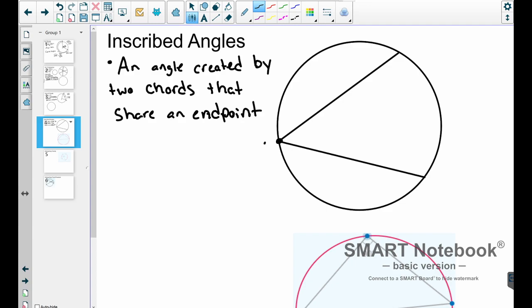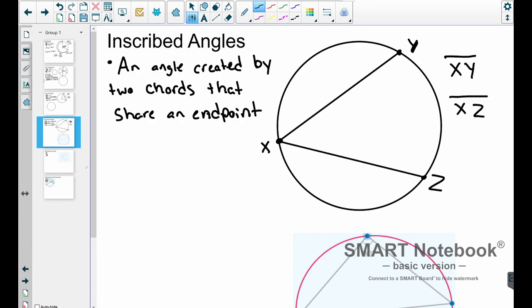We'll call this C. Actually, you know what? To differentiate, we'll go back to the X, Y, Z. Call this X. Call this point Y. And we'll call this point Z. There we go. So we have this, and we have chords here. We have chord XY and we have chord XZ.